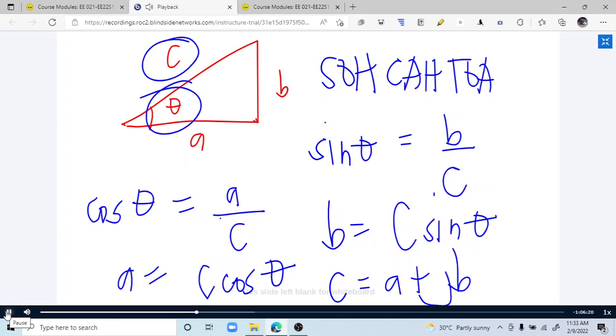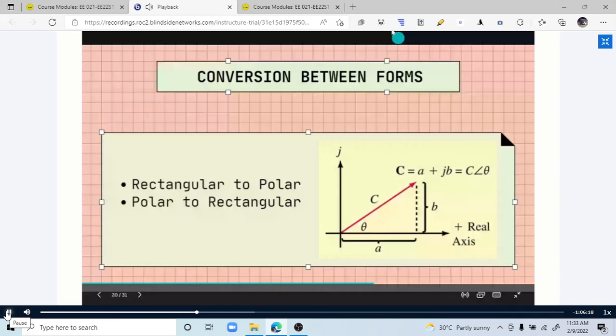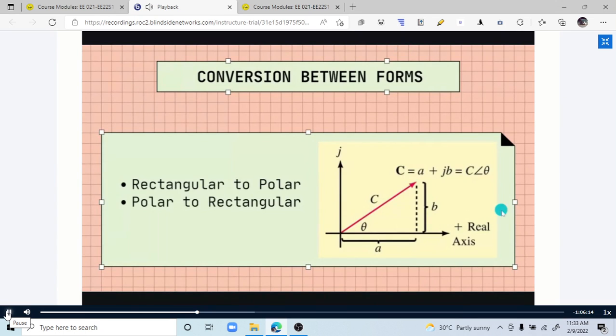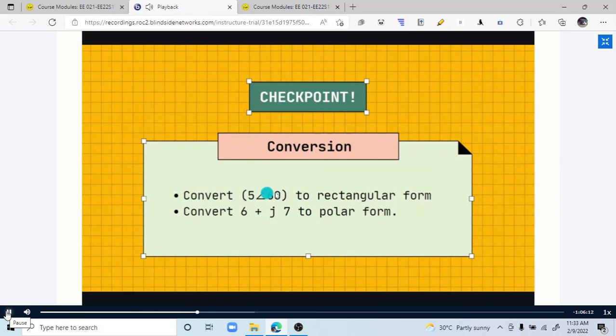So since you are already onto the complex mode, let us convert 5 angle 60 to rectangular form. Okay, 5 angle 60. So just type 5, then the angle sign is in the negative. Can you see the RCL button on your calculator?